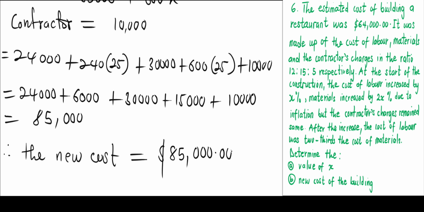All right. So this is how you have to get a solution to this problem. So the estimated cost was given, and you were given a ratio for you to know the cost of each component. So we have three components. That was labor, materials, and contractor's charges. You first use the ratio to determine the cost for each of the components.